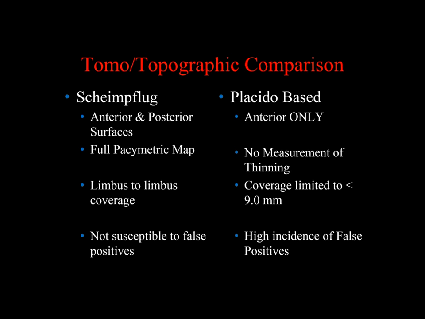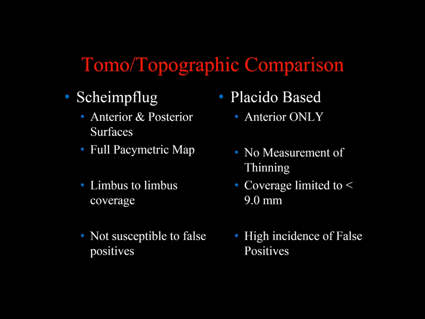But if you really hold someone's eyes open, and we do this when we have peripheral disease, you can get, and if you remember the Scheimpflug image I just showed you, pretty much limbal to limbal coverage. With the Placido, coverage is limited to less than 9 millimeters, and actually rarely even gets close to 9.